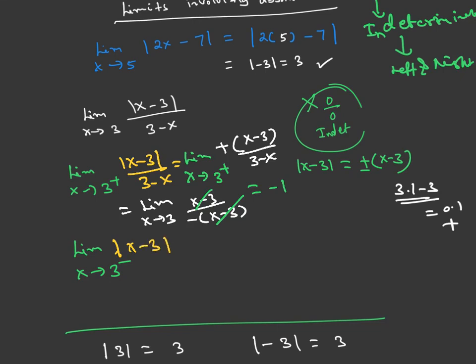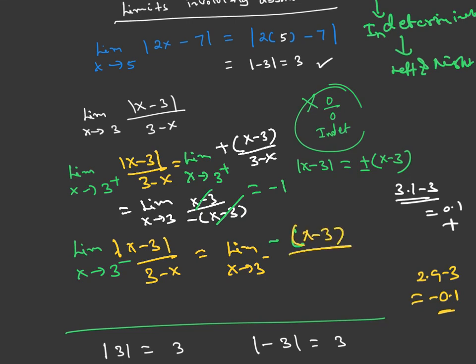Whereas this side, you take the left side of 3, a value, which is 2.9. If I plug in that, I get a negative value. Because it's a negative value, to make it positive, I have to have a negative outside. That's the definition of absolute: negative of x minus 3, divided by 3 minus x.